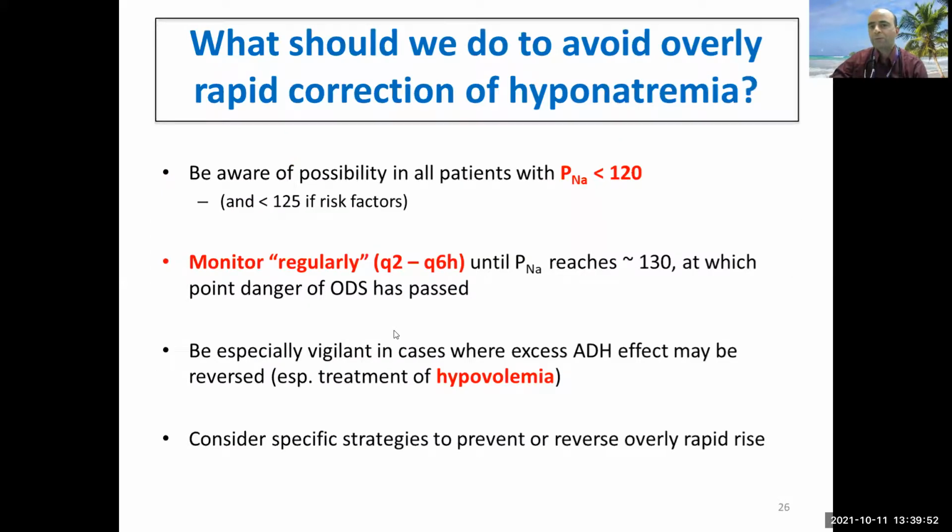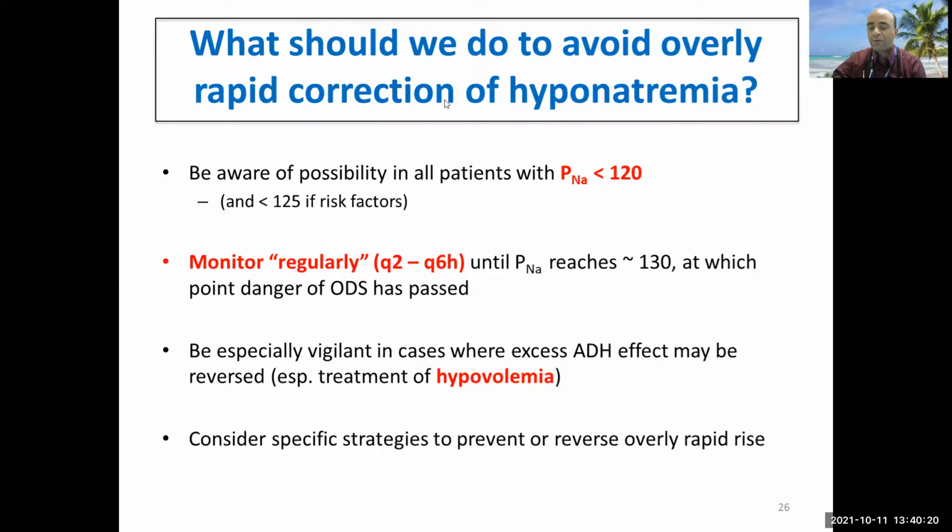What should we do to avoid overly rapid correction of hyponatremia? Be aware of the possibility in all patients. Take care and be alert with patients with plasma sodium less than 120, and less than 125 if the patient has other risk factors for ODS, as we mentioned before, such as cirrhosis, cachexia, hypokalemia, alcoholism.